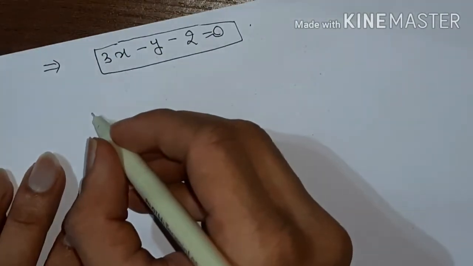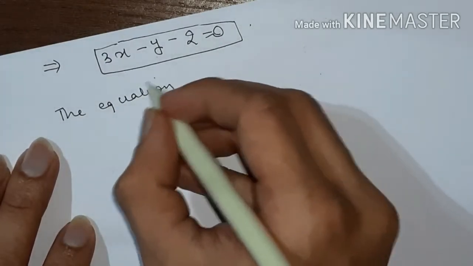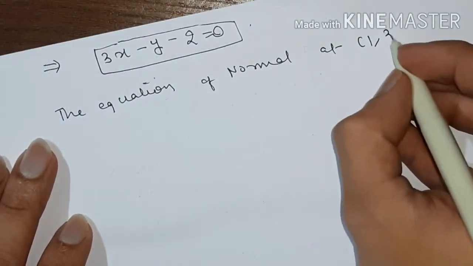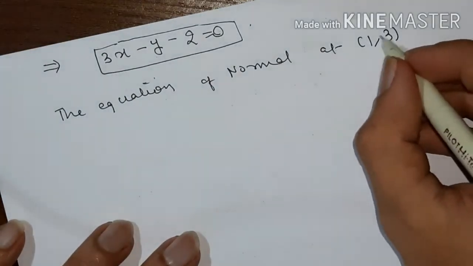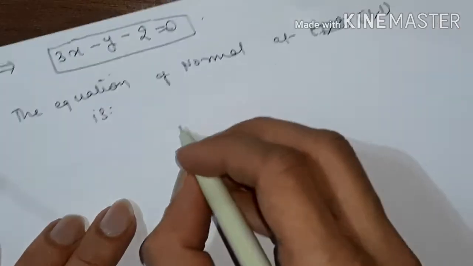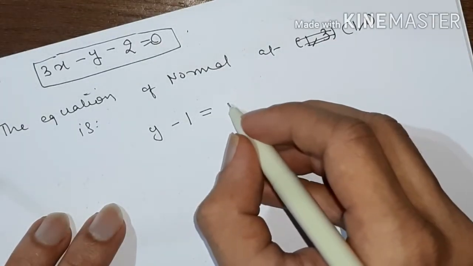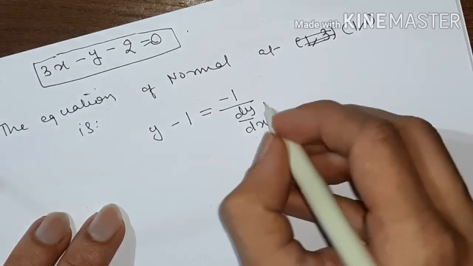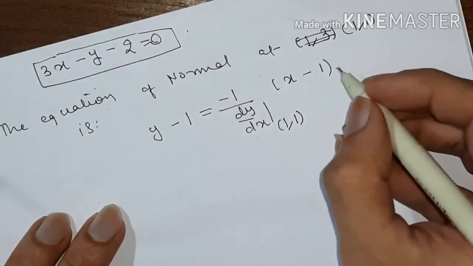Now let us find the equation of the normal. So the equation of normal at (1, 3), is it (1, 3)? No, (1, 1), is what? y minus y naught, which is 1, equal to minus 1 divided by dy/dx at the point (1, 1) multiplied by x minus 1.